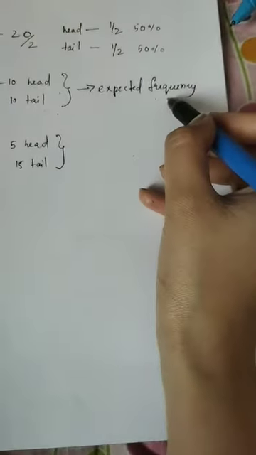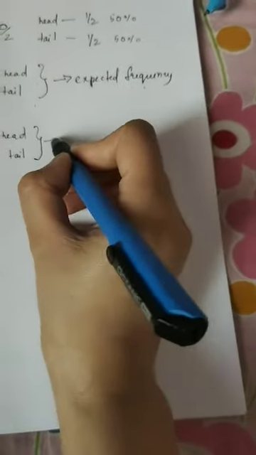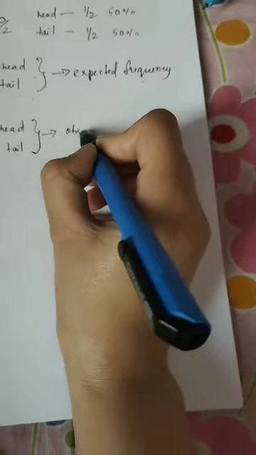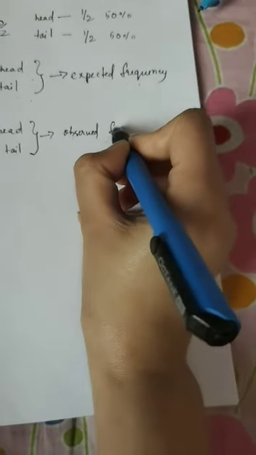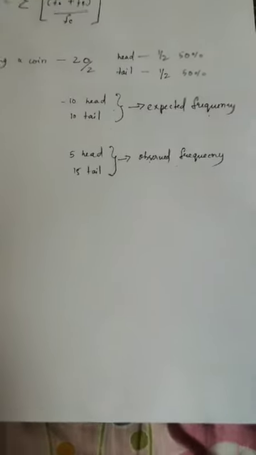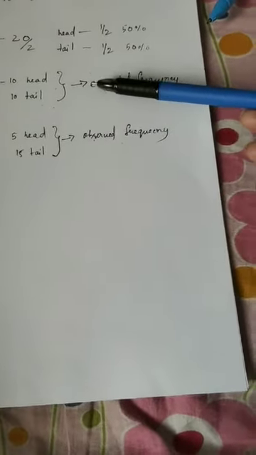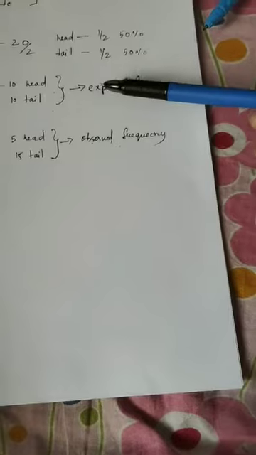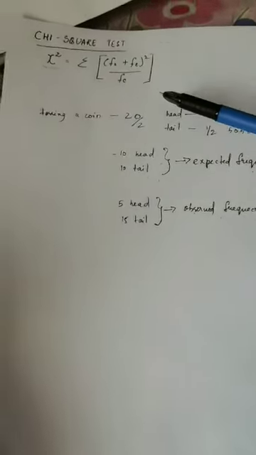This is the theoretical, and this is the result. So when data is given in frequency, that's when you use a chi-square.